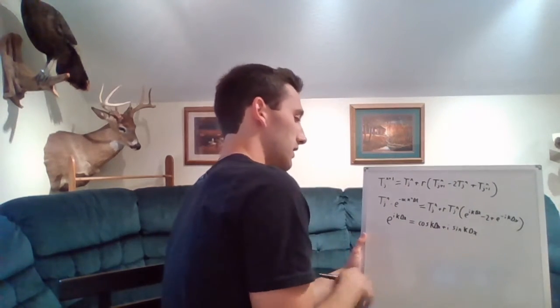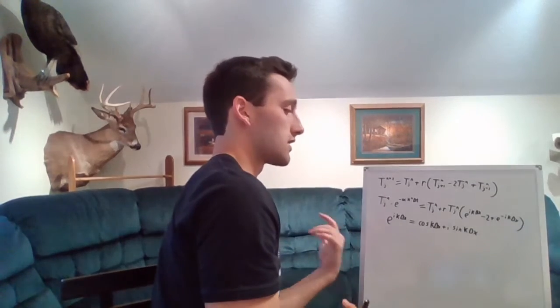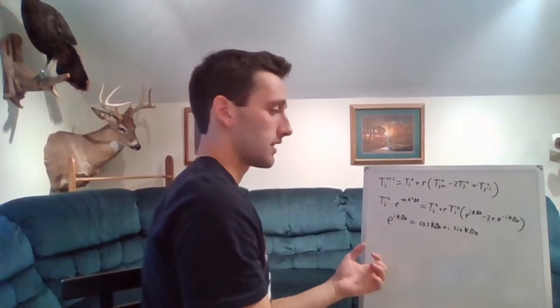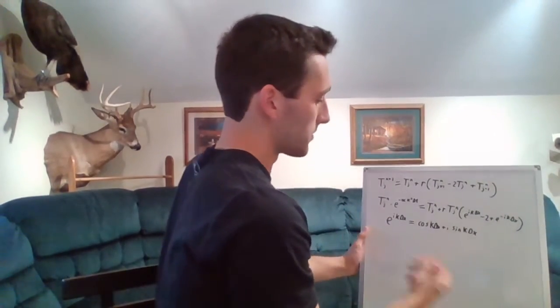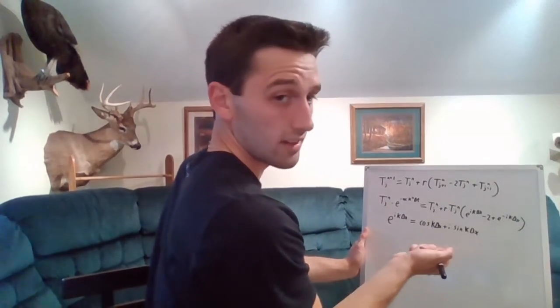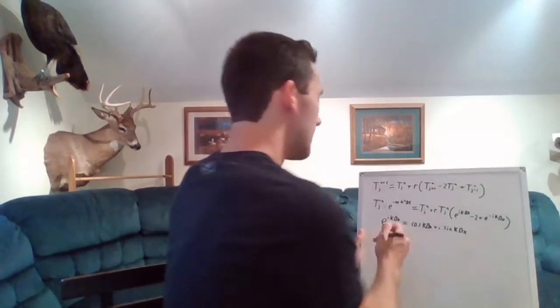This is derived from e to the ix equals cosine x plus i sine x, same premises, we just also have k now, and this is delta x.